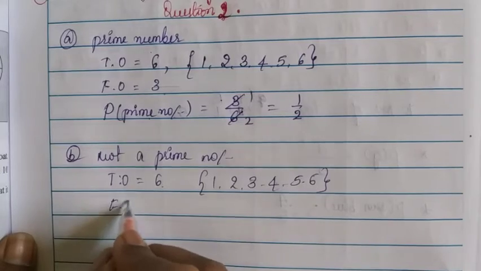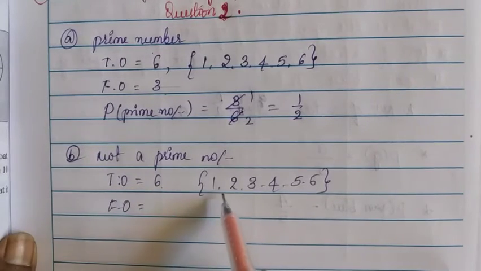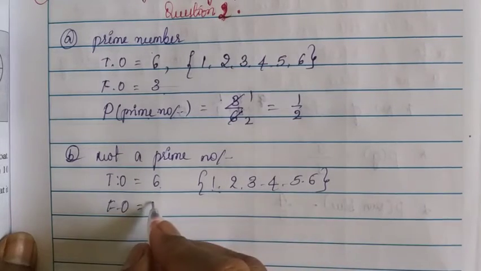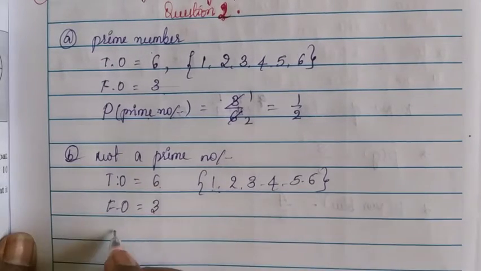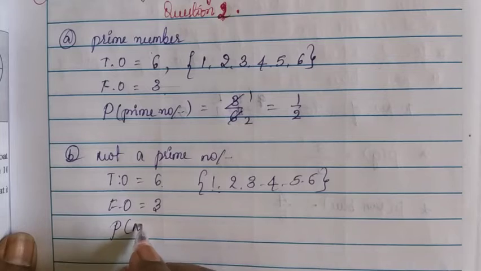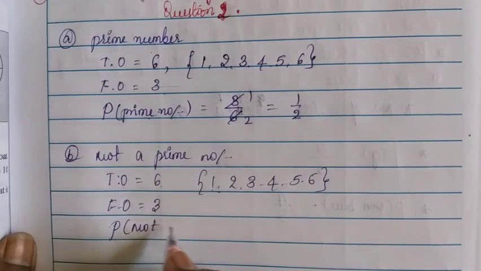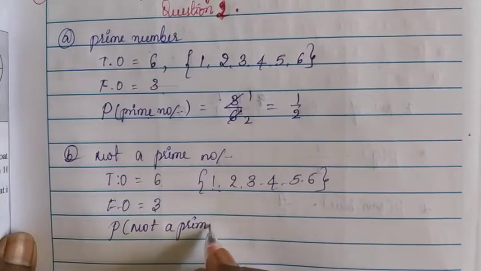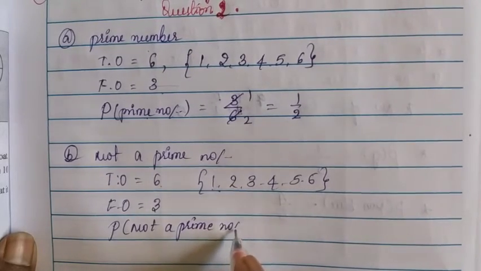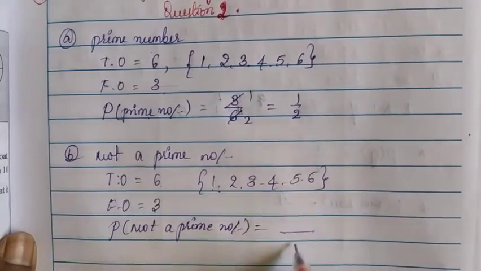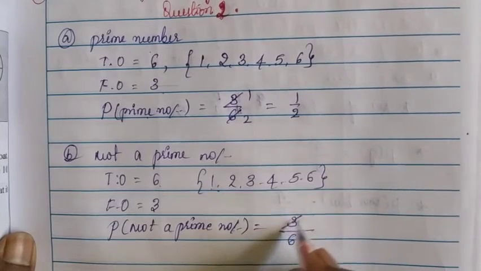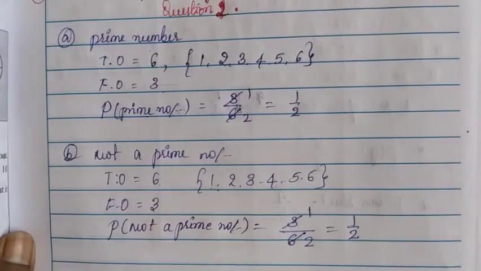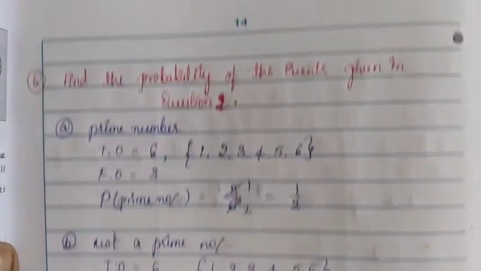Not a prime number. Those are favorable outcomes. Not a prime number means 1, 4, 6. The favorable outcomes are 3. So probability of getting a number that is not a prime number is equal to 3 by 6. 3 ones are 3, 3 twos are 6, that is 1 by 2.